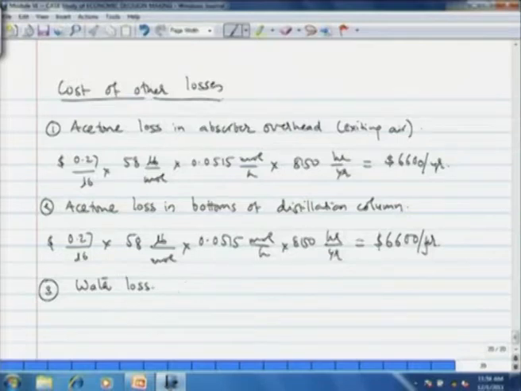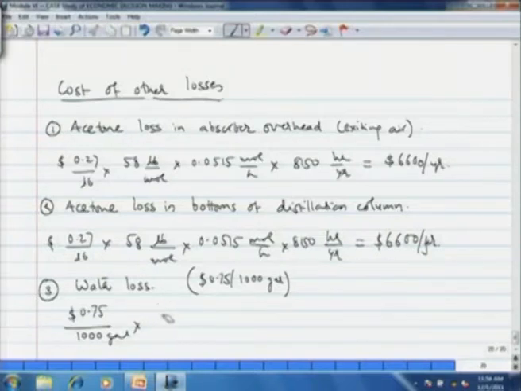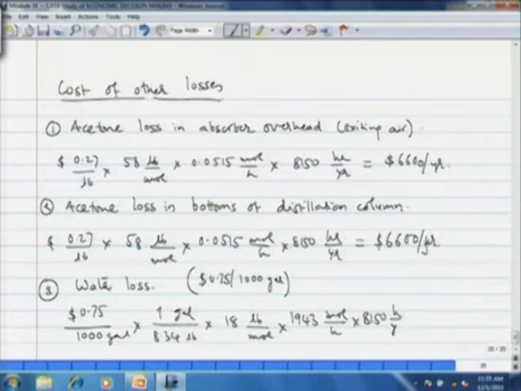Cost of water is much smaller. We can take a cost of about 75 cents per 1000 gallon, okay, and then the total loss annual will be this much, 1943 mole per hour into 8150 hour per year of operation into the molecular weight 18 pound per mole into, now we have to determine the volume of this water.